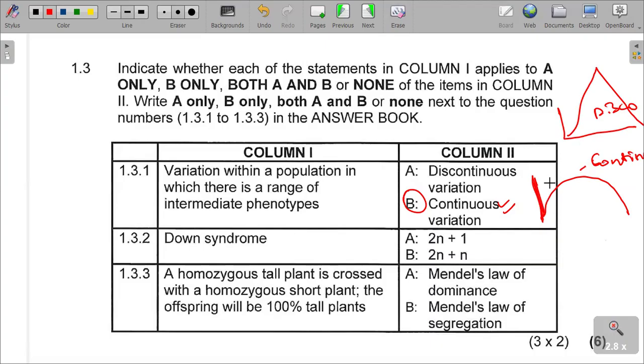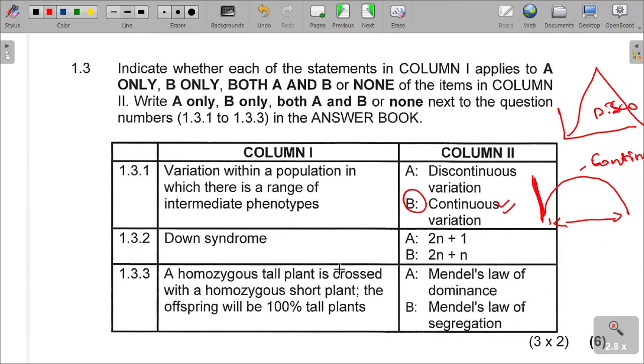This is a continuous variation where there is a range of intermediate values, stretching from here up to there. In the discontinuous variation, our graph is just peaking and dropping.